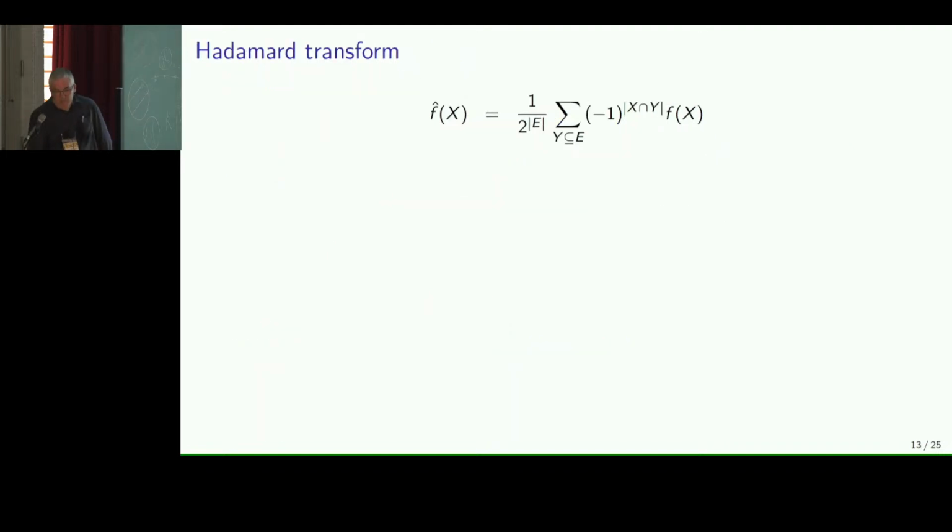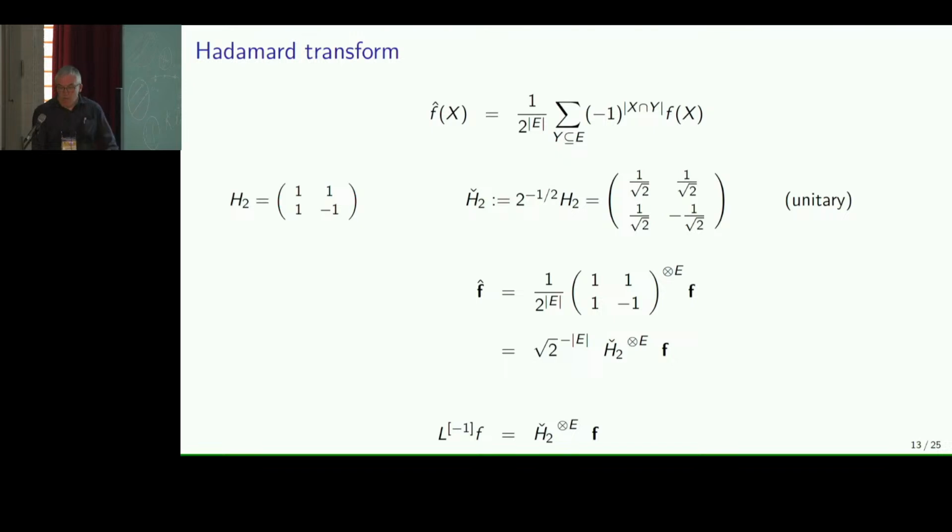Once again, we have the Hadamard transform playing the role of duals, and for what I'm about to describe, I want to represent the Hadamard transform in a matrix form as a Kronecker power.